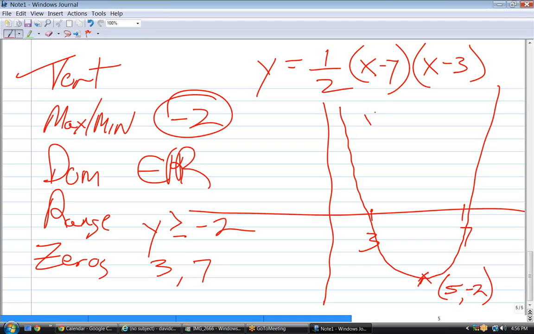I'd be able to say that it's equal to some A times x minus 5 quantities squared plus 2. But now solving for A is a little tricky. So we might have to go back, expand that, get it into a polynomial, and then complete the square in order to get it into vertex format.